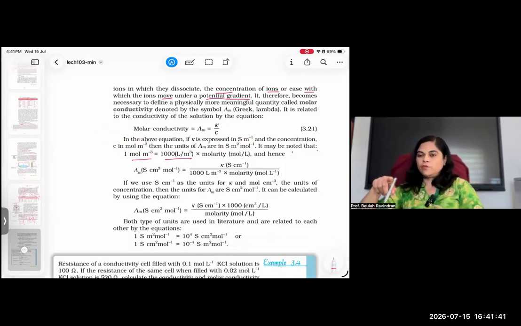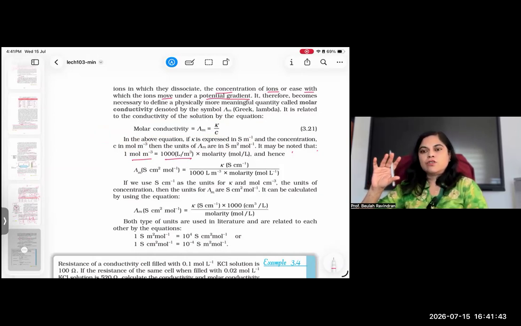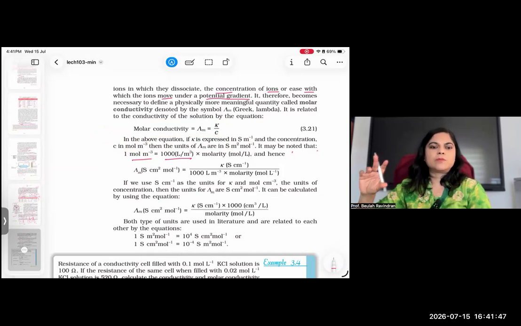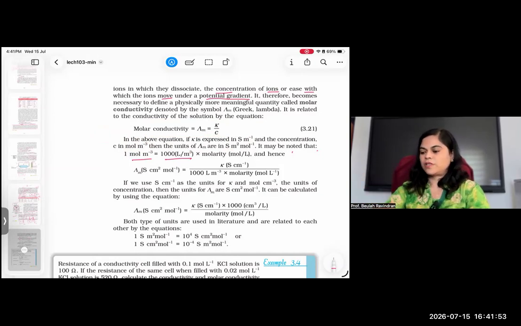Already you know about the mole concept. I taught you the very basics of the mole concept in one video. You can go through it properly, then only you can understand what the mole concept is. So you can equate this to 1000 liter per meter cube into molarity. Molarity is mole per liter.